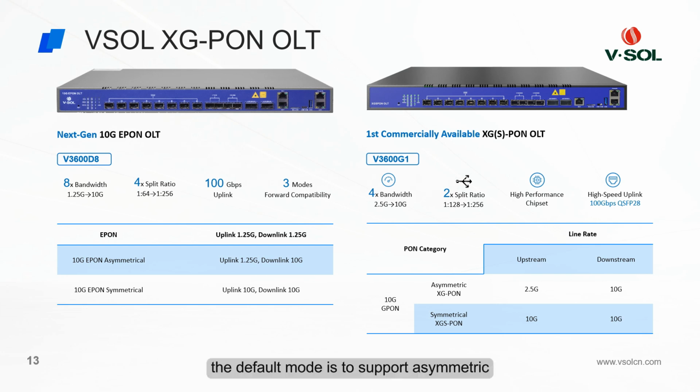The default mode is to support asymmetric XGPON uplink 2.5 Gbps, downlink 10 Gbps, and symmetric XGS-PON uplink and downlink at 10 Gbps simultaneously. You can also switch to GPON mode by command, and after switching, only GPON ONU can be accessed.